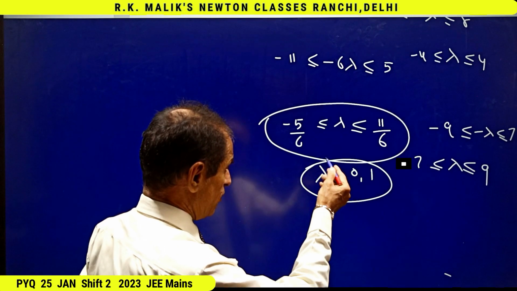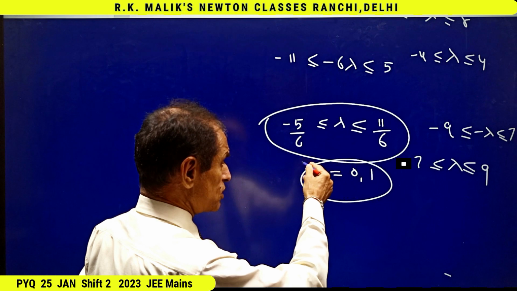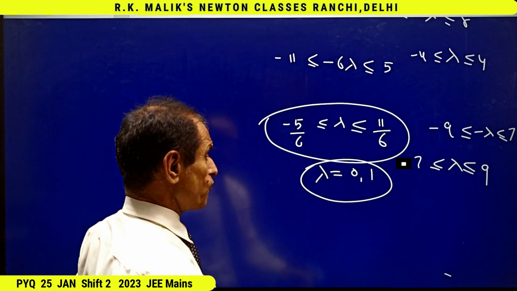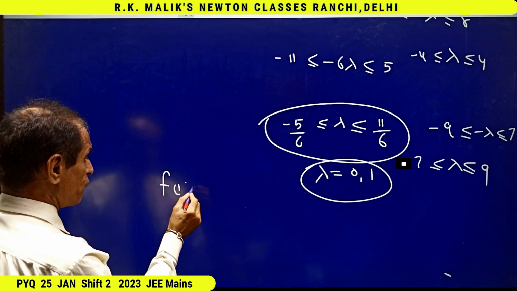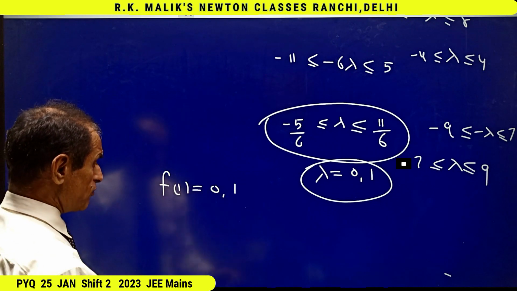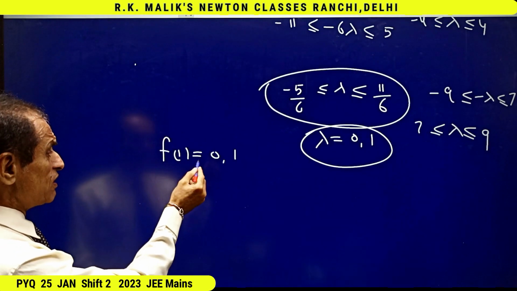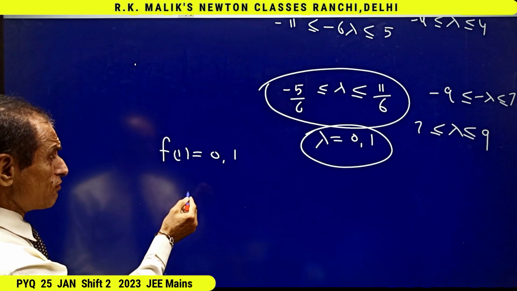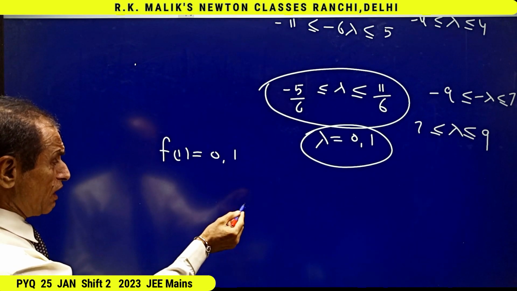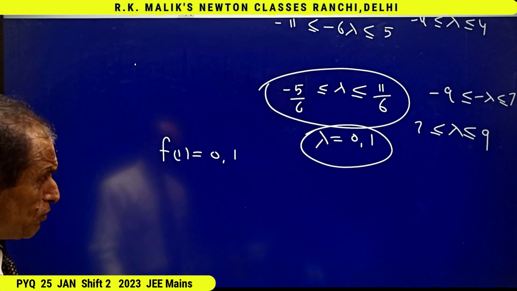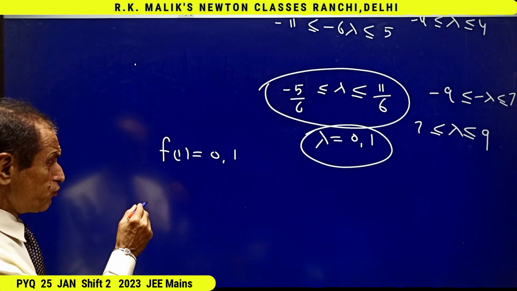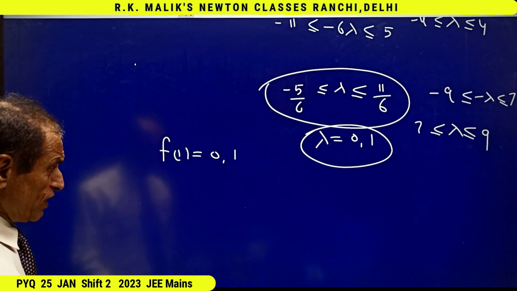Hence I have got the conclusion that the possible values of lambda are 0 and 1. That is, possible values of f1 are 0 and 1. And if f1 is 0, you can get the unique values of f2, f3 and f4. Hence, you'll get the one possible function in which f1, f2, f3, f4 are defined.